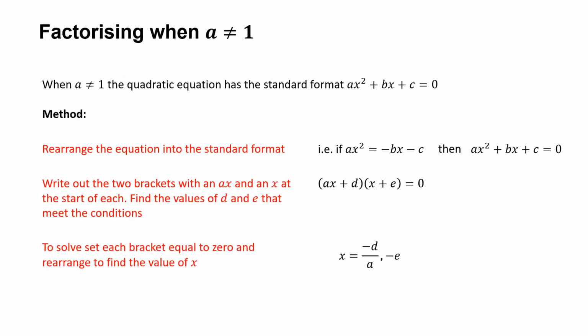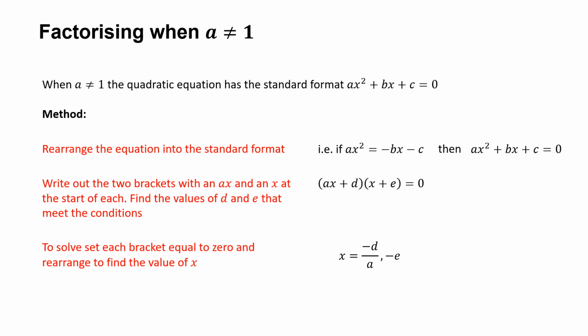So going back to how we work this out, we then just need to again find the values of d and e which satisfy those conditions. Once we've done that, we're then going to get the answers. If we're asked to solve this, we're going to get that x is going to be equal to minus d over a.